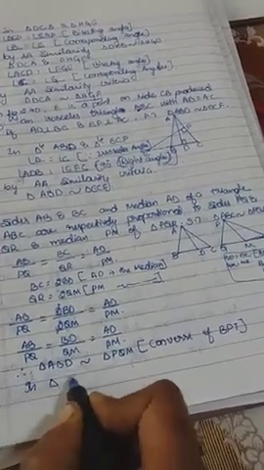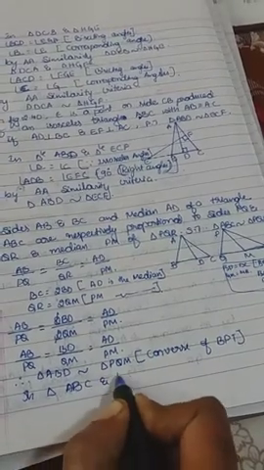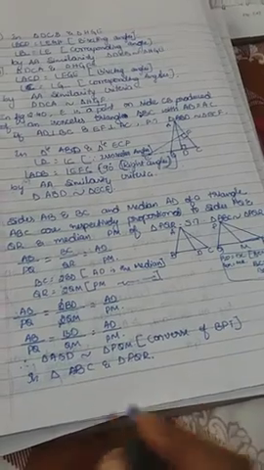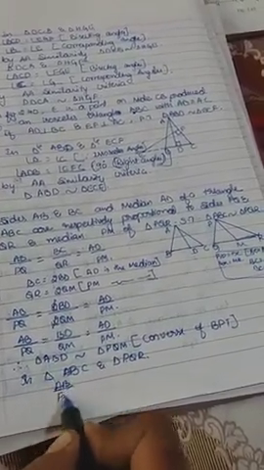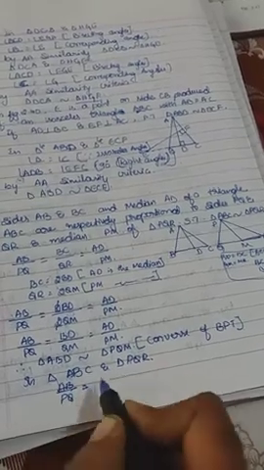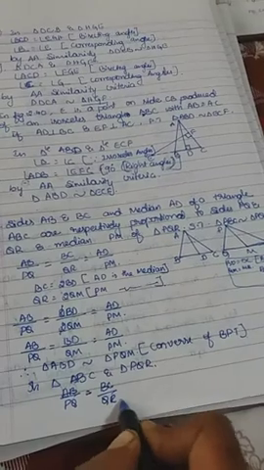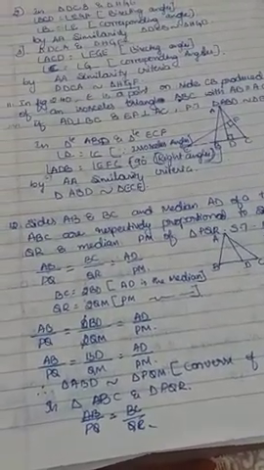In triangle ABC and triangle PQR, we can write here AB divided by PQ equal to BC divided by QR, right?